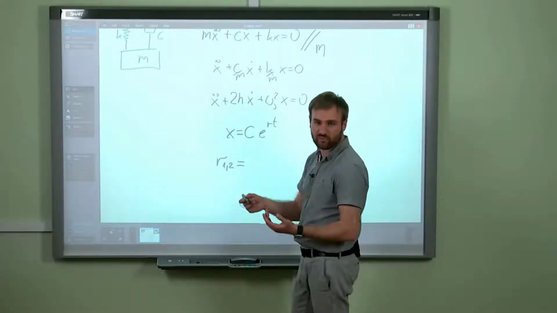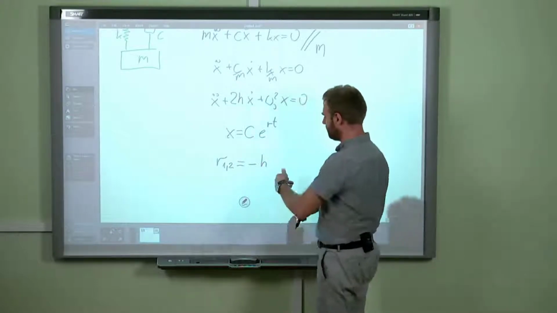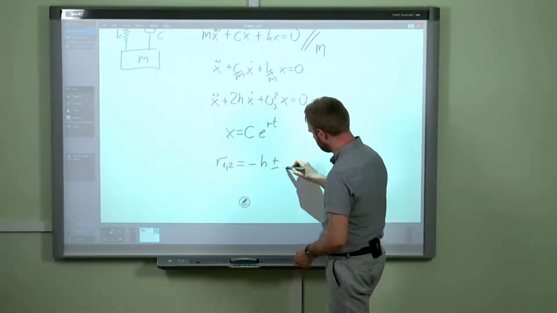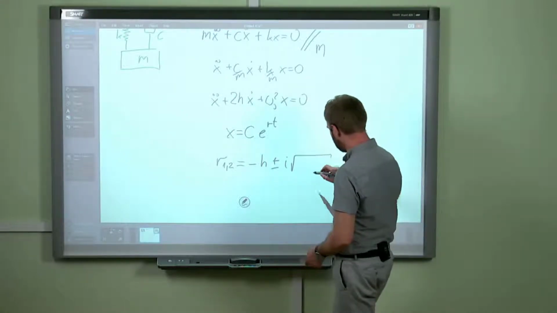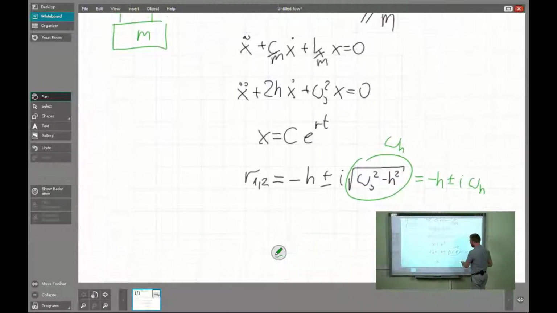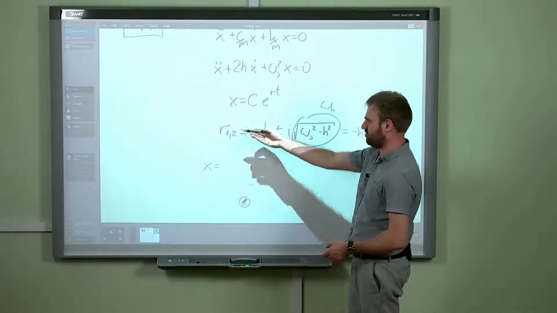We remember from the previous videos that the solution will be as follows: minus h, the half of that coefficient, plus minus i as an imaginary unit, times the square root of omega 0 square minus h square, which last time was called omega h. The solution will be composed of two linear terms, because we have two roots.